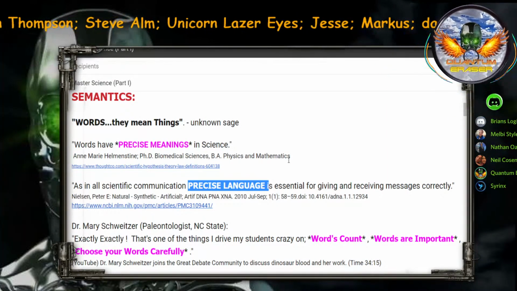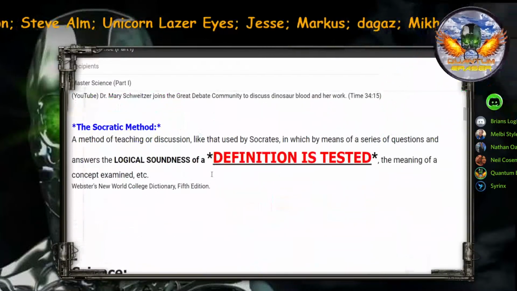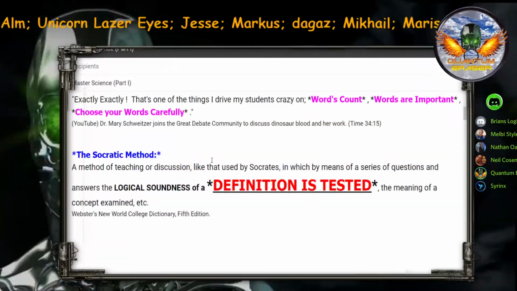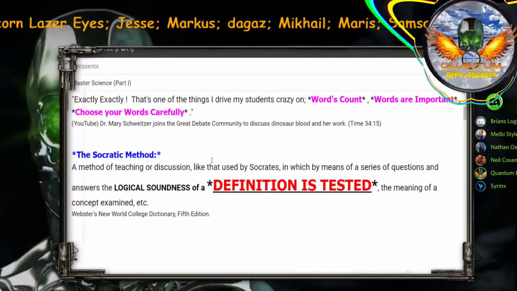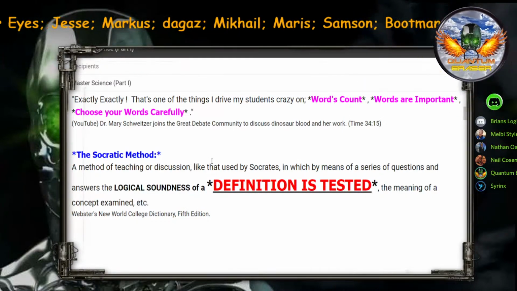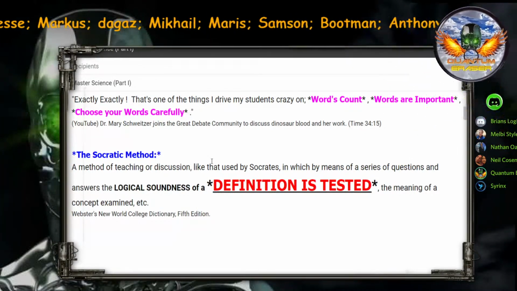Semantics is the meaning of words. Right? It's called the Socratic method, from Webster's New World College Dictionary, 5th edition, Socratic method: a method of teaching or discussion like that used by Socrates, in which by means of a series of questions and answers, the logical soundness of a definition is tested.